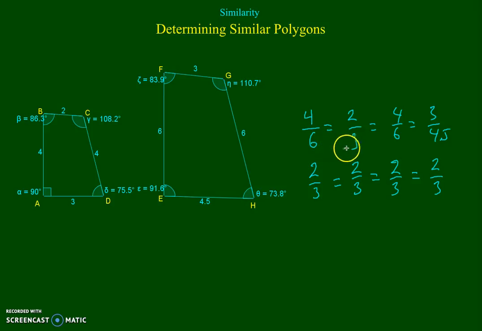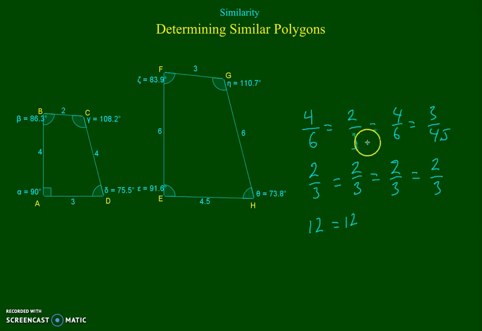So in instances where it's not quite so obvious whether or not these are true proportions, what we can do is multiply across the equal sign. So here we have 3 times 4, which gives us 12, and 6 times 2, which gives us 12.